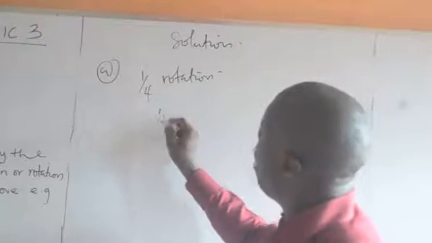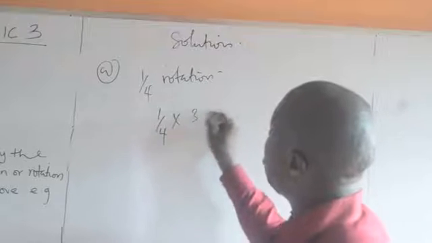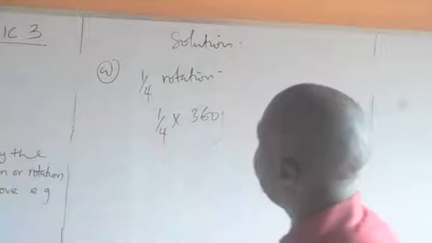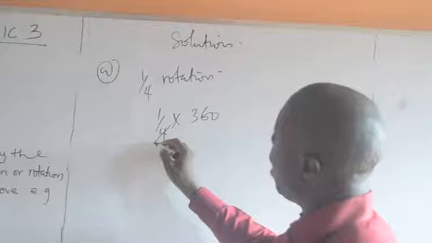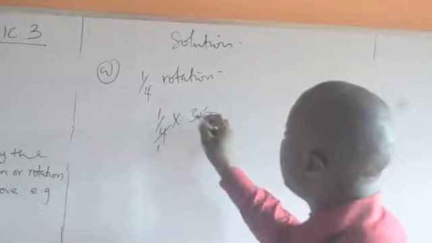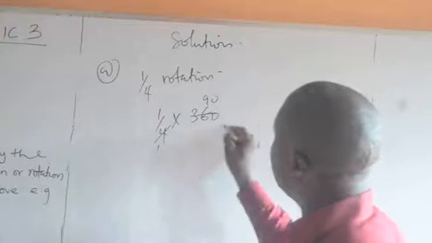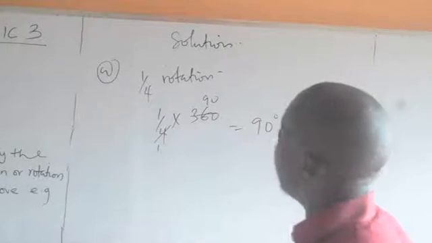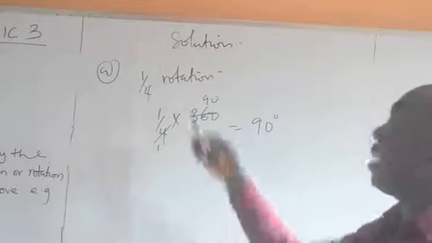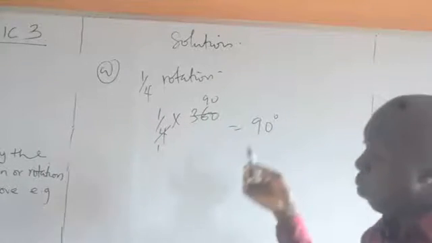So we have 1/4 times 360 degrees. 4 divided by 4 will give us 1, and 360 divided by 4 will give us 90. That is, it will give us 90 degrees. It simply means that 1/4 rotation will give us 90 degrees.